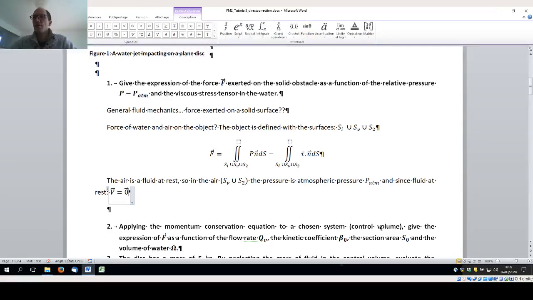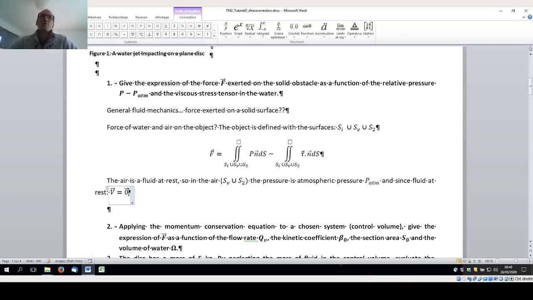And then, what can we deduce from this? If the velocity is 0, we can say something about the viscous stress tensor. As a reminder, the viscous stress tensor is expressed as a function of the gradient of velocity.